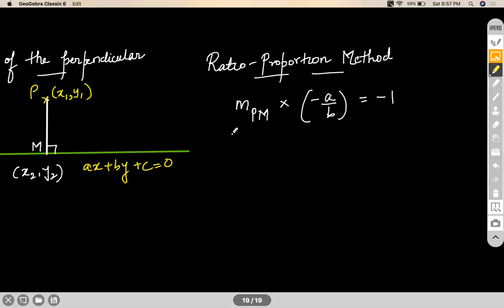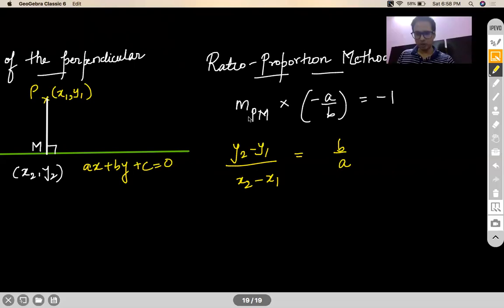That means y2 minus y1 by x2 minus x1 is equal to b by a. Right? Slope of PM is given as y2 minus y1 by x2 minus x1. Correct? No doubt about this step.